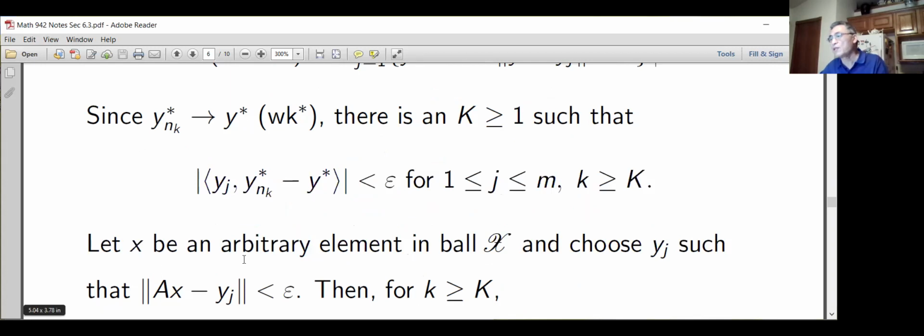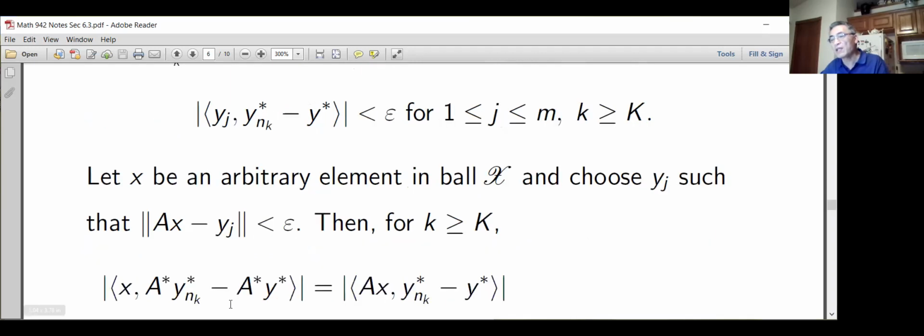So we can choose yj such that Ax minus yj is less than epsilon. Then for k greater than or equal to big K, we want to see that this is uniformly small.